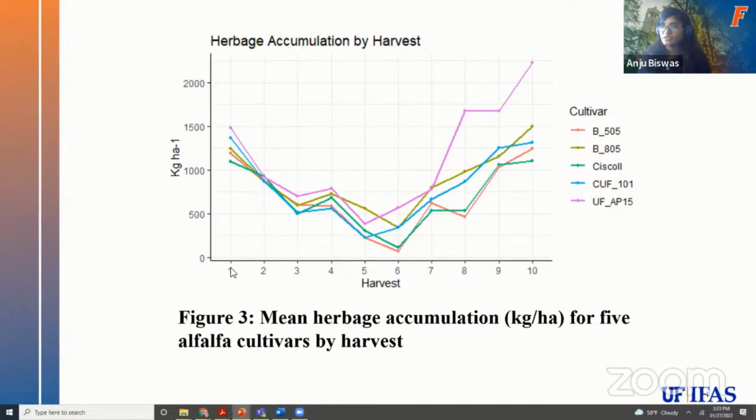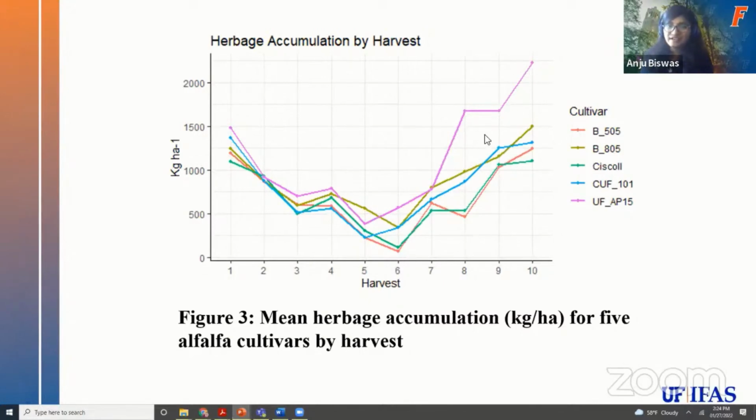If you see the first one, in springtime, their growth development and biomass is better compared to summertime. Here, in the summertime part, their growth development is lower, as well as their harvest accumulation. And they're growing in a similar pattern here, because in summertime their yield is not much higher compared to fall.